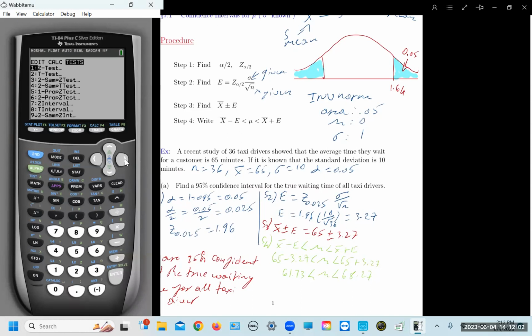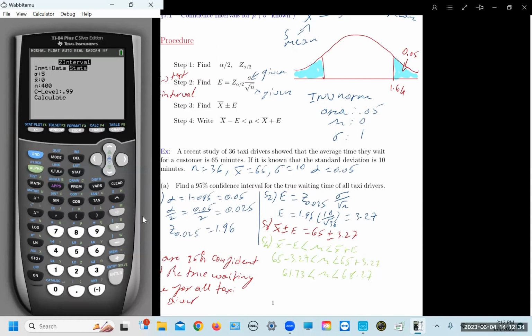So we will start and test. Okay, start test, and we go down to 7, the interval.